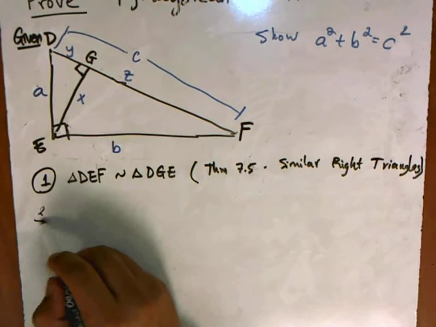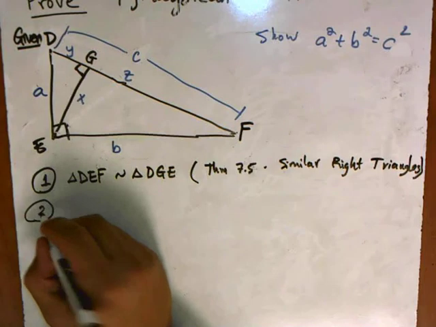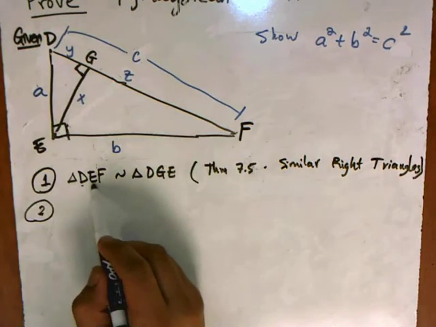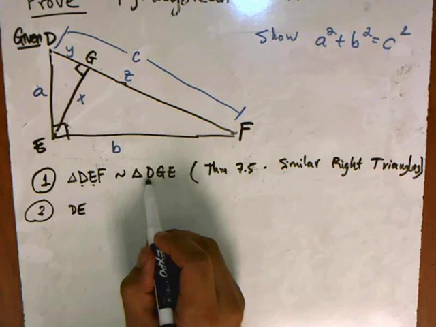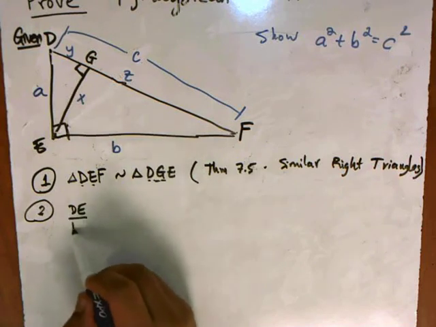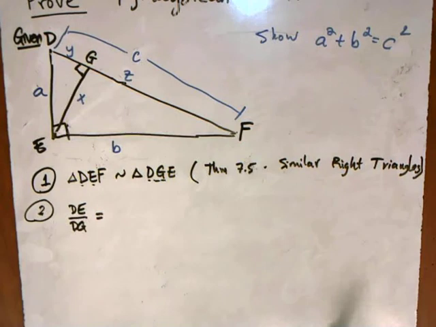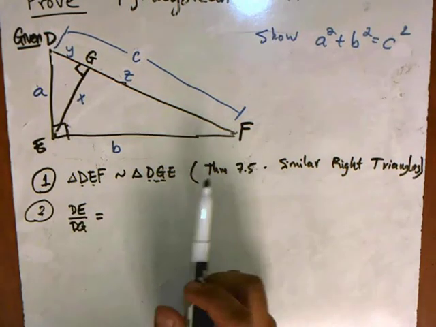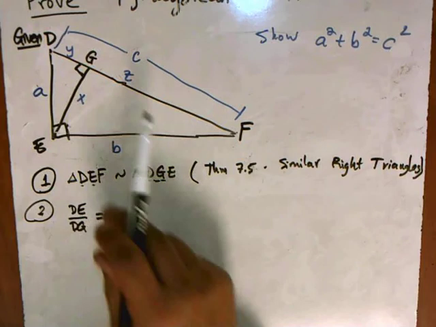From here I can deduce the proportionality statements. I can say that DE, on the first triangle, compares to DG, and that's equal to DF.